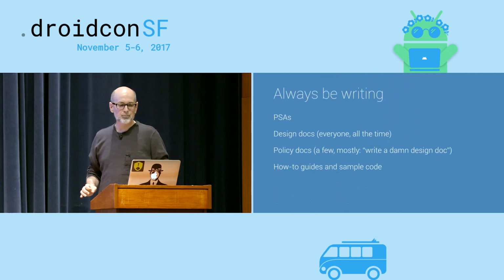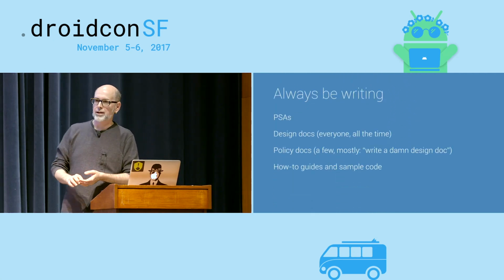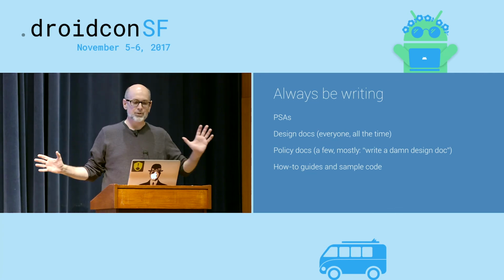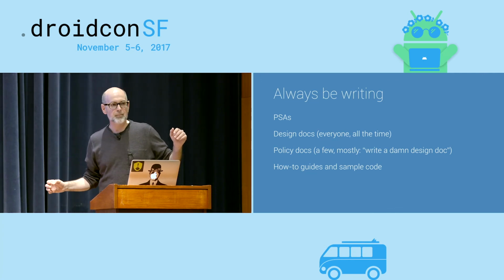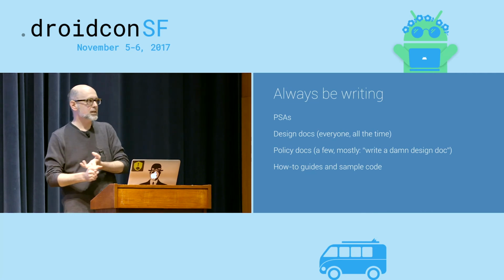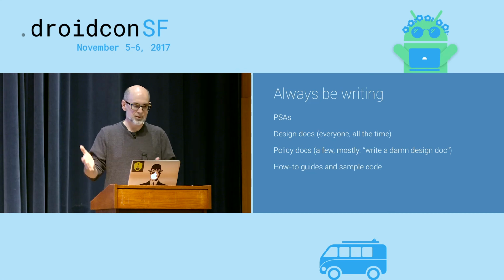And then finally, when you're doing this kind of thing, establishing new patterns, establishing new rules, you've got to be really, really visible about it. Lots of public service announcements. The team that is doing this type of stuff needs to be spending as much time writing design docs and standards and so on as they do anything else.